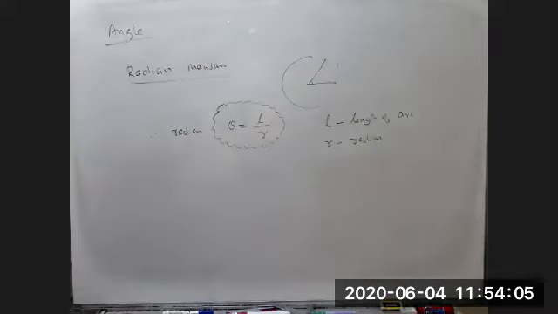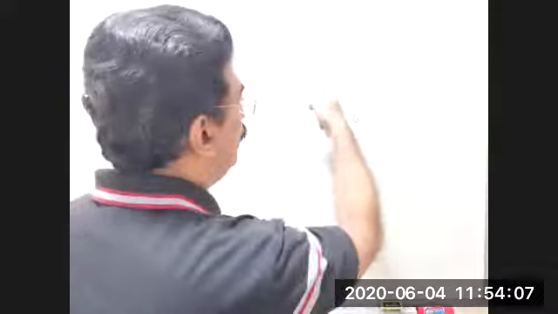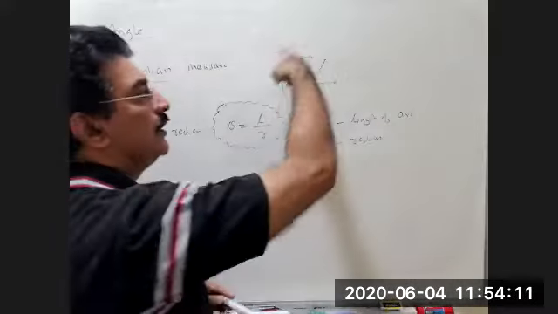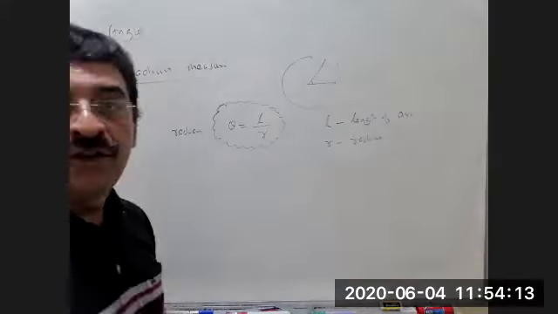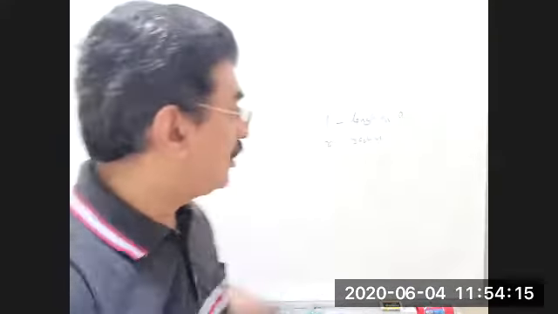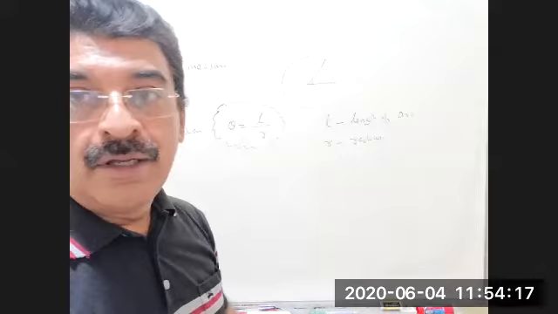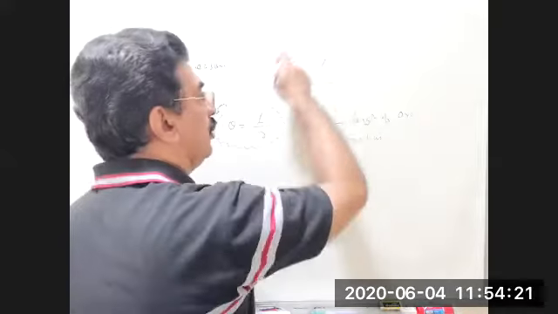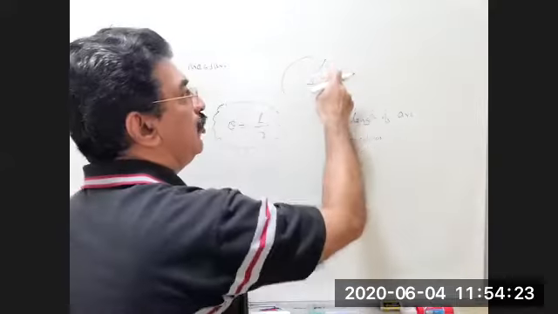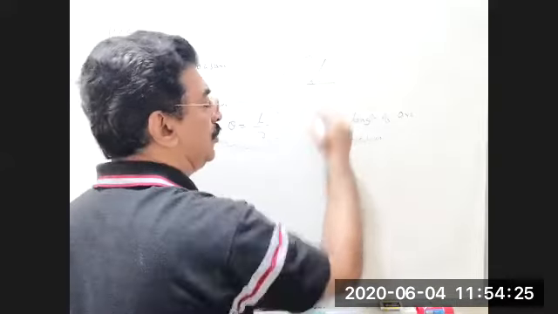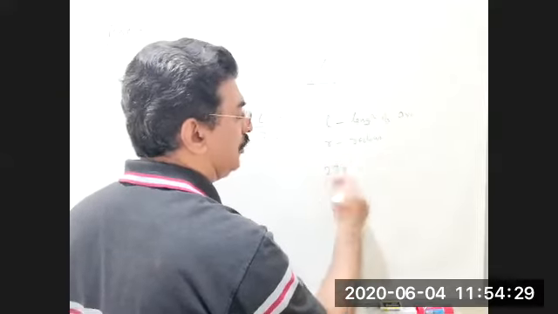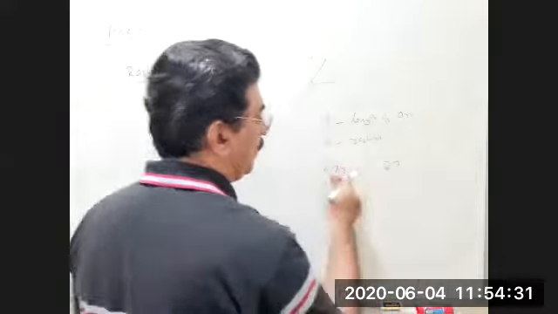Theta is L by R. This means for the full circle, the length will be the circumference. Circumference is 2 pi r. If the radius is 1 unit, the full length of the circle is 2 pi r, which becomes 2 pi.